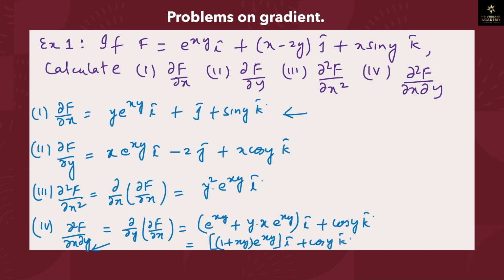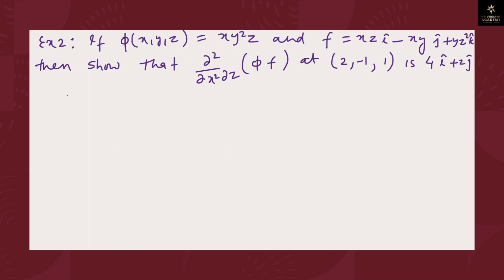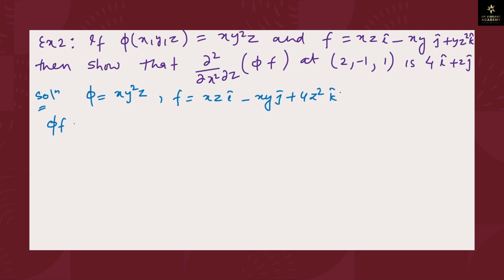Now let us discuss question number 2, how we can find this. We have phi equal to x y square z and f equal to xz i cap minus xy j cap plus yz square k cap. Let us find the value of phi f.